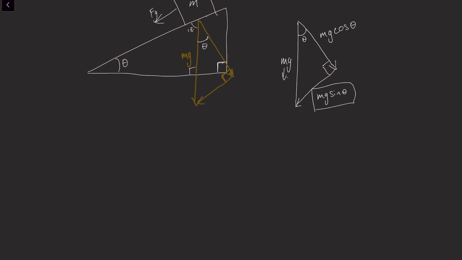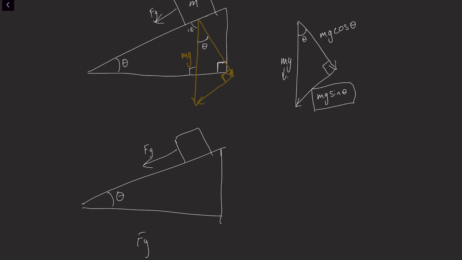Great. So if we were to redraw this slope again, angle theta, and there's a block on top, and this block is moving down the slope with force due to gravity, and we know now that this force due to gravity is equal to mg sine theta.